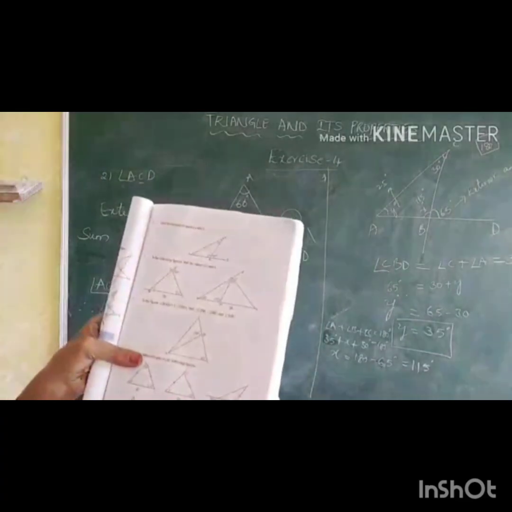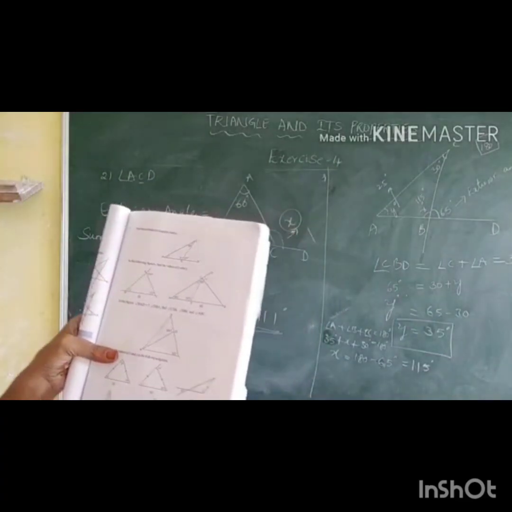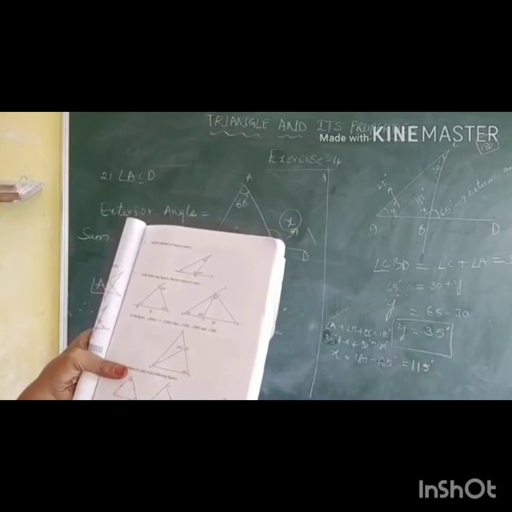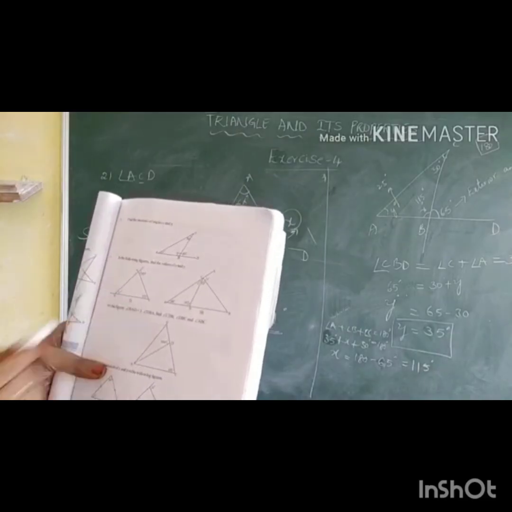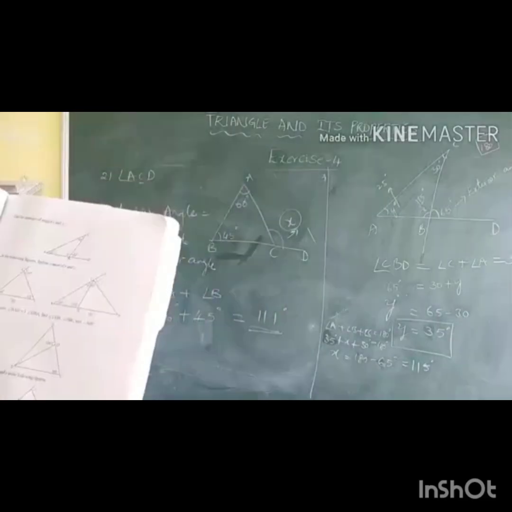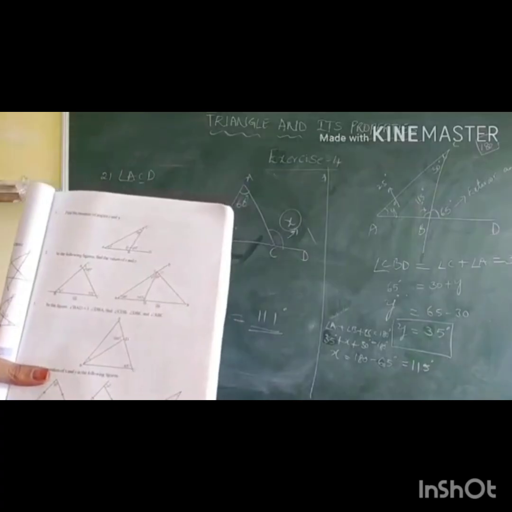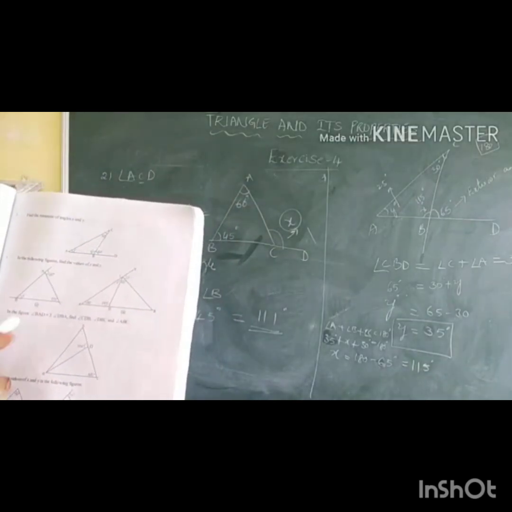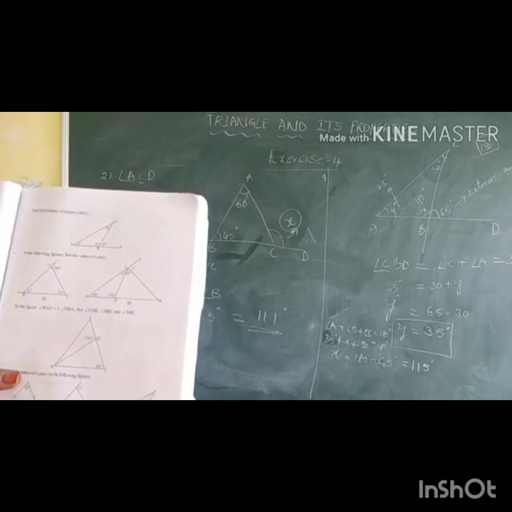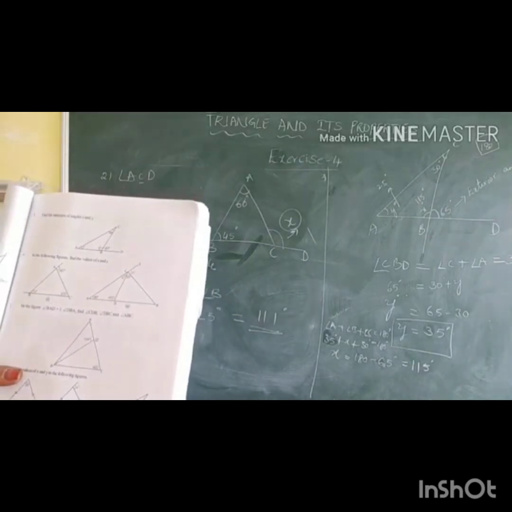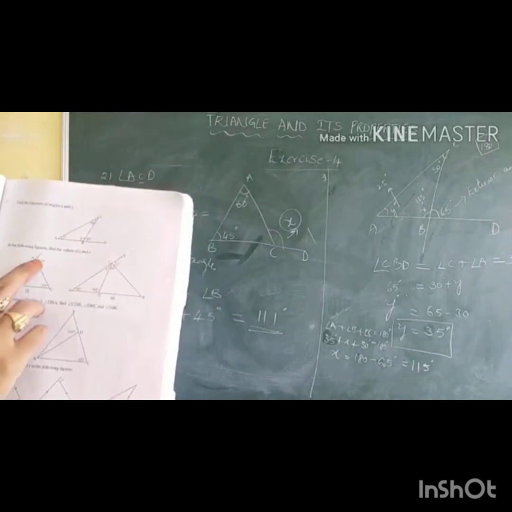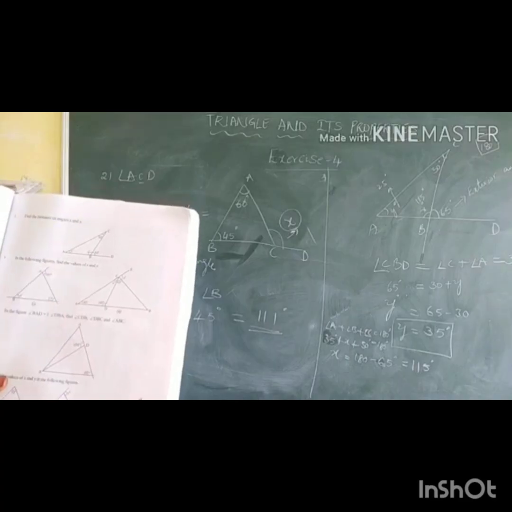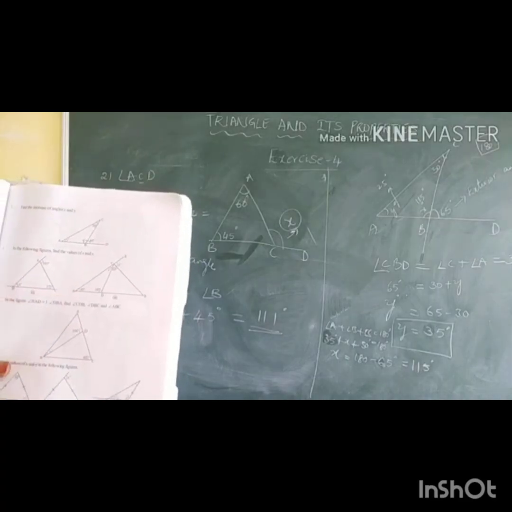Fourth question. In the following figures, find the values of x and y. See here, observe the pictures. Here, what are exterior angles and what are interior angles? Yes, x is interior, 57 degrees is interior, but 107 is an exterior angle. So, use that condition: exterior angle is equal to the sum of the opposite interior angles.